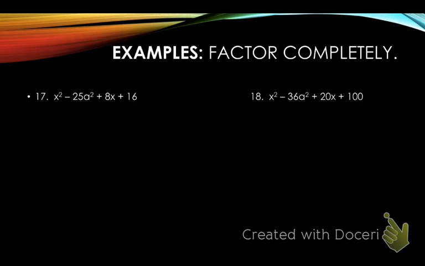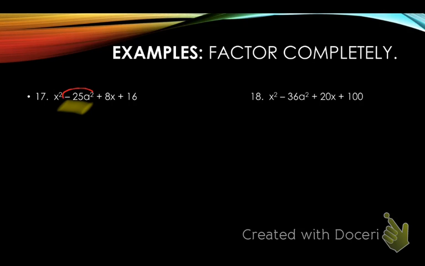Well, yeah, they don't group very well. Why don't they group very well? What kind of throws a wrench into the plans on like 17? The a squared. So if you have two different terms, in this case I have x squared minus 25a squared plus 8x plus 16, there's only the one a.